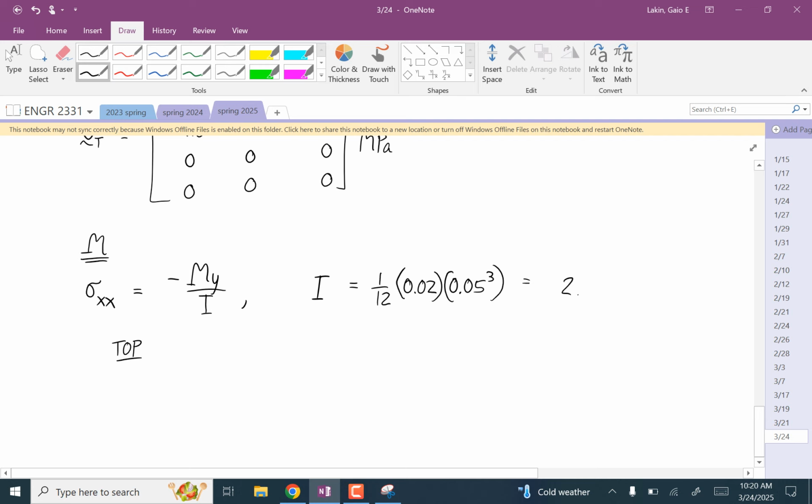So that is 2.08, then 3's repeating, times 10 to the minus 7 meters to the fourth.